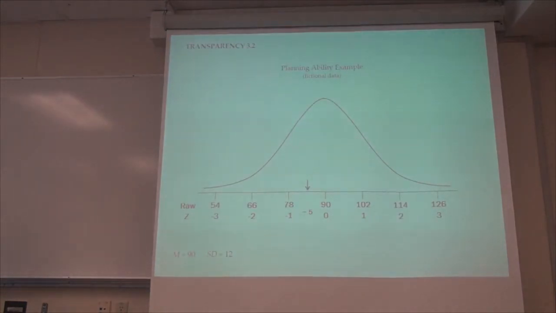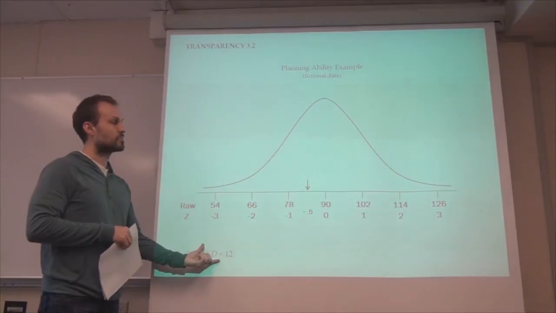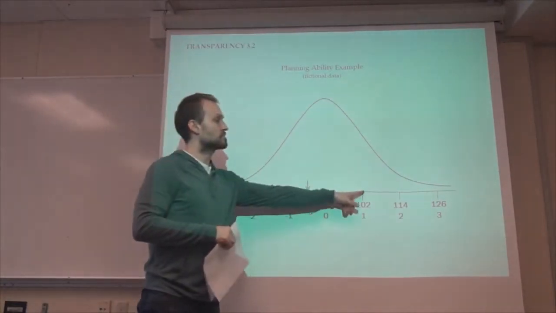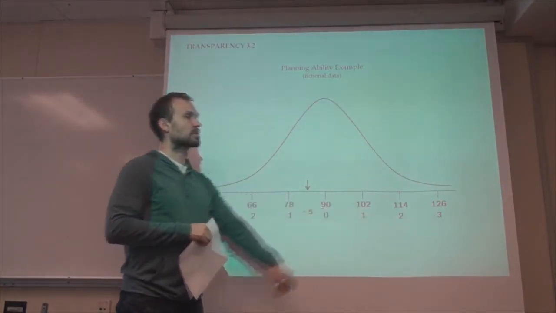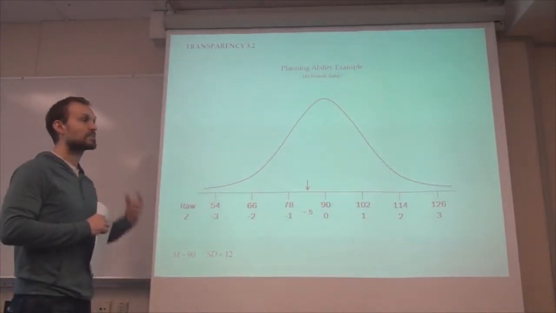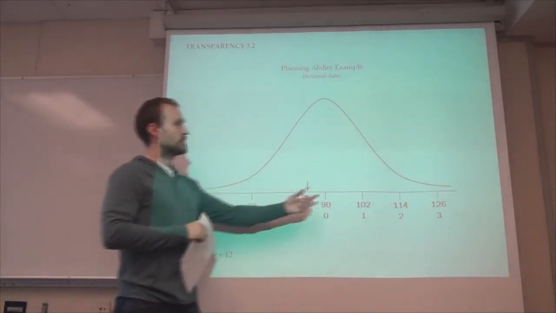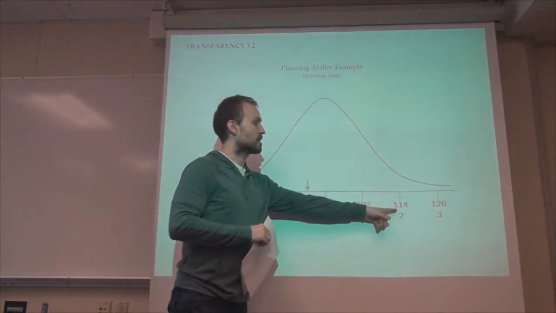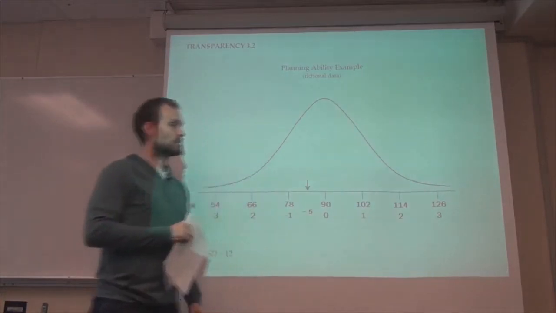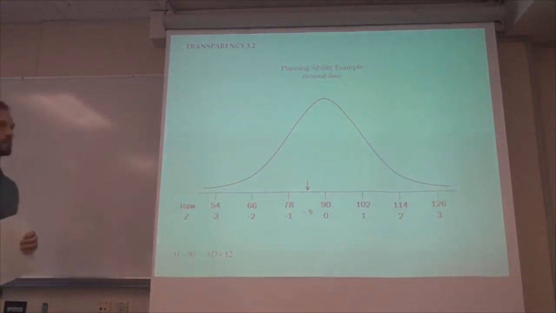So I'm taking steps of 12 from 90. One step is going to put me at 102, and the corresponding z-score is going to be 1. One standard deviation step. Another step is going to put me at 114, which corresponds to a z-score of 2. I took 2 standard deviation steps.